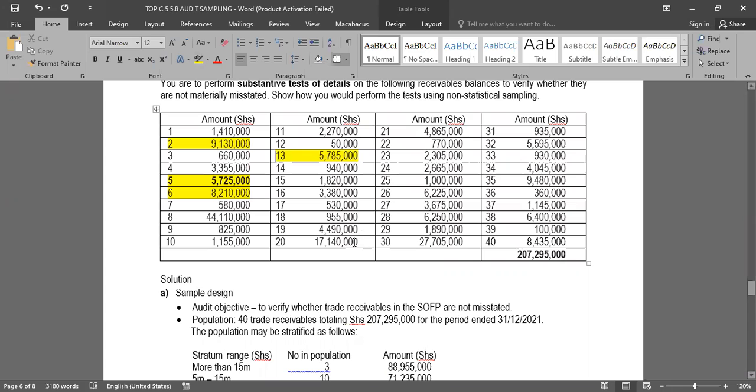Then 17 doesn't qualify, and 27 is above 15.